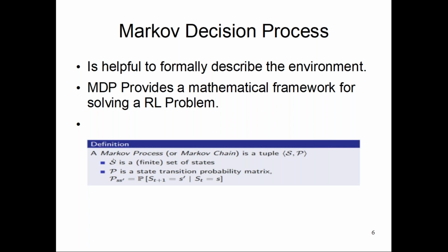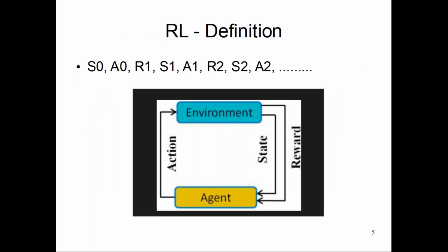There is something called the Markov decision process. You need not worry much about the name or the theory. It is basically something which defines the environment. You should be able to know which states the environment constitutes: the sequence of states S0, S1, S2, S3 will define an environment.